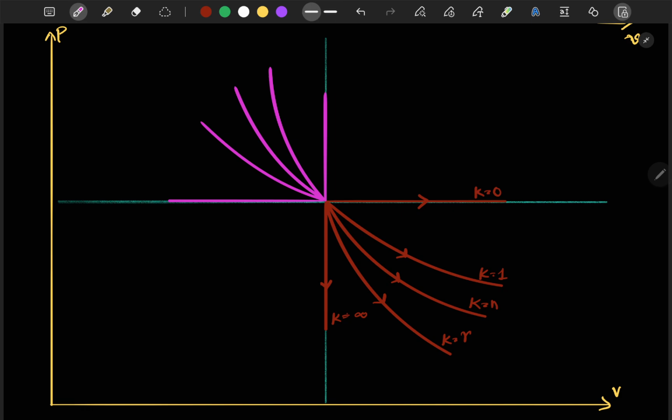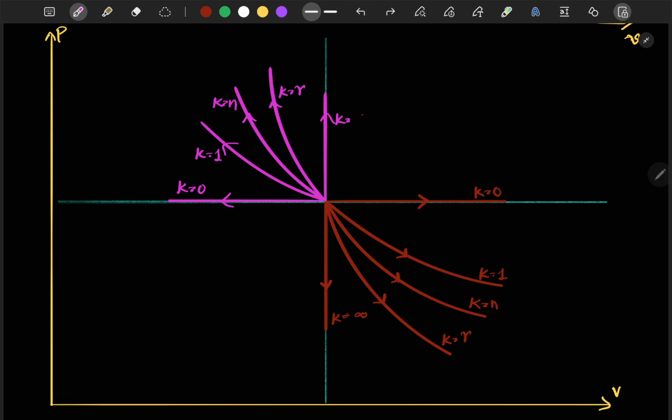Let's write it here. For the compression process, k is equal to 0 for constant pressure. Here this will be isothermal compression, and here k is equal to 1. For polytropic compression, k is equal to n. For adiabatic compression, k is equal to gamma, and finally for constant volume compression, k is equal to infinity.